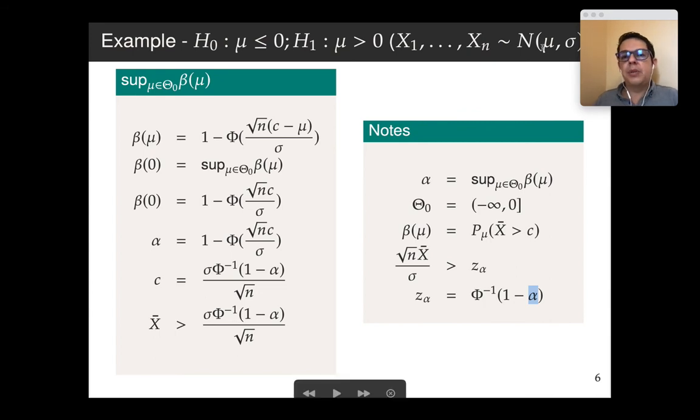So I'm going to draw n points from a normal distribution, and then I'm going to compute the estimated mean.